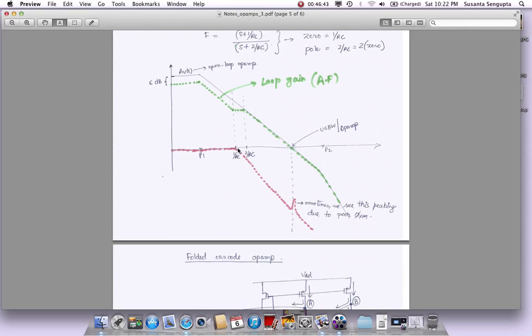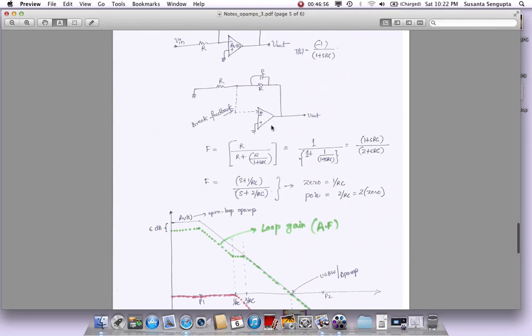And again, I did not mention this, but most of the time, if you're trying to create a pole at this location, 1 over RC, the unity gain bandwidth should be roughly 10 times more than what we're trying to create. The op-amp has to be much faster than this pole that you're trying to create. How fast? Roughly 10 times. Sometimes you can't do 10 times. If this is a 100 megahertz pole and you want to make it 1 gigahertz, that gets harder.